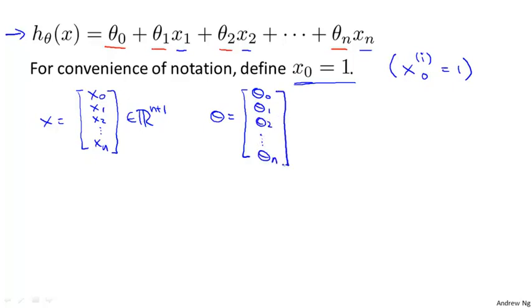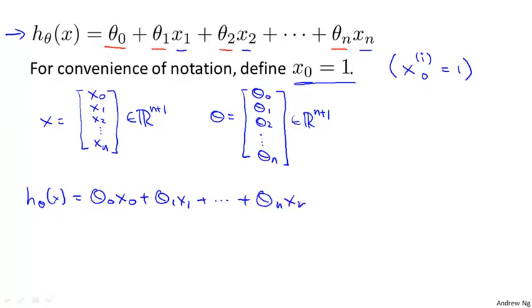This is another 0 indexed vector, so indexed starting from 0, that is another n plus 1 dimensional vector. So my hypothesis can now be written theta 0 x0 plus theta 1 x1 plus dot dot dot up to theta n xn. And this equation is the same as the one on top because x0 is equal to 1.